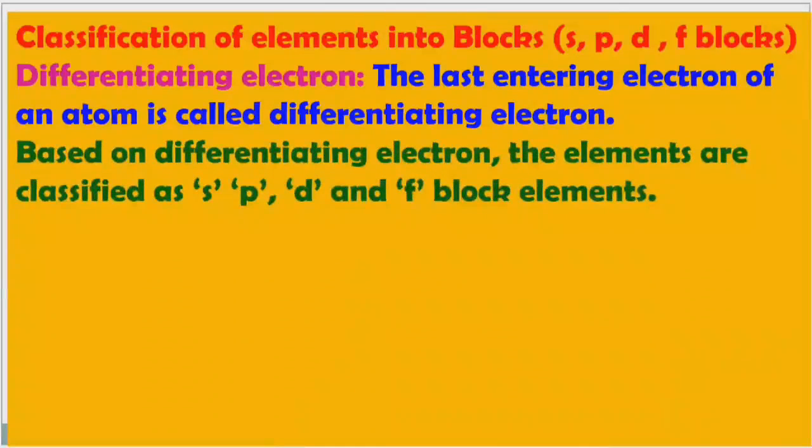Based on the differentiating electron, elements are classified into 4 types: s block elements, p block elements, d block elements and f block elements.